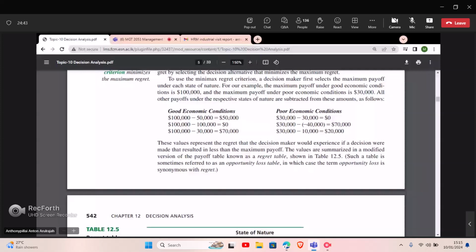What is the best in poor economic conditions? The maximum one is 30,000. So 30,000 minus 40,000 becomes 70,000. From the best, we subtract all the other values. Then the other one is 30,000 minus 10,000, which is 20,000.